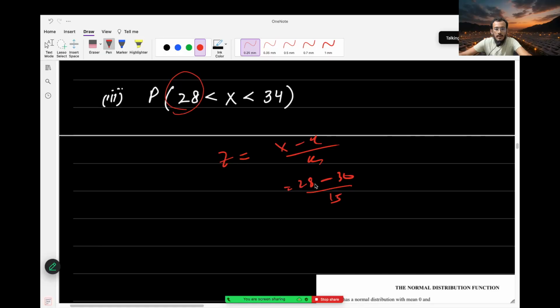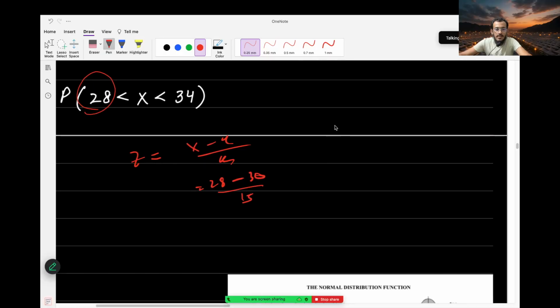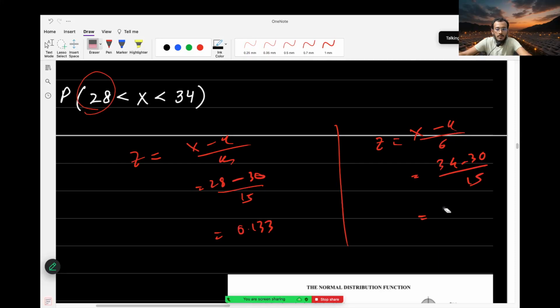So what do we get? 28 minus 30 over 15, and also 34 minus 30 over 15. So what do you get for 28 minus 30? Minus 0.133. And this one, 34 minus 30? 0.267.